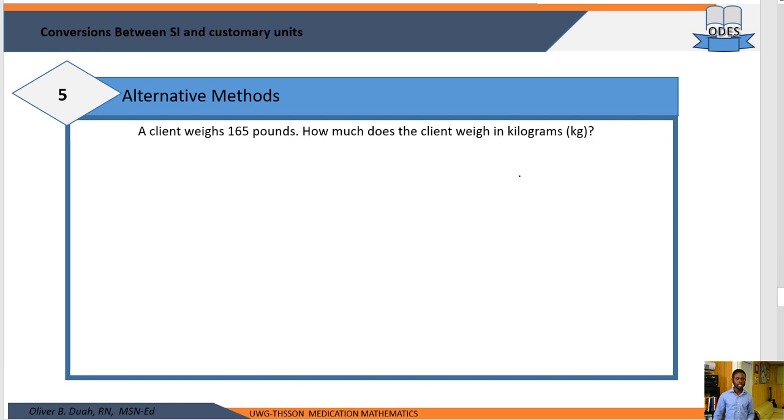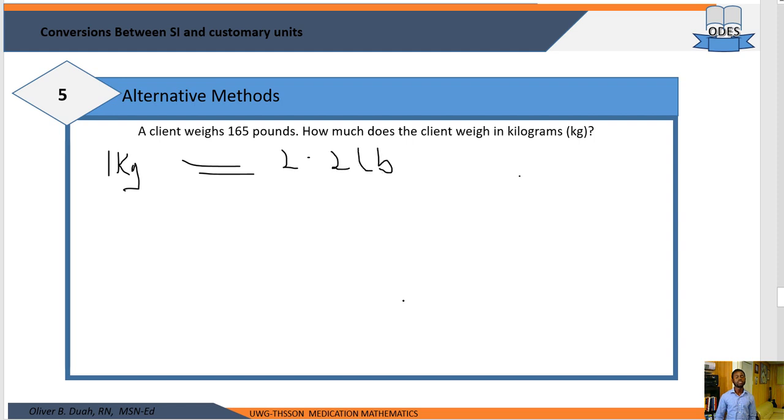Alright, so let's do some conversion between the metric system and the US customary system. For this, we will have to know the unit conversions. Okay, so the equivalencies. We know that for every 1 kilogram, we have 2.2 pounds.